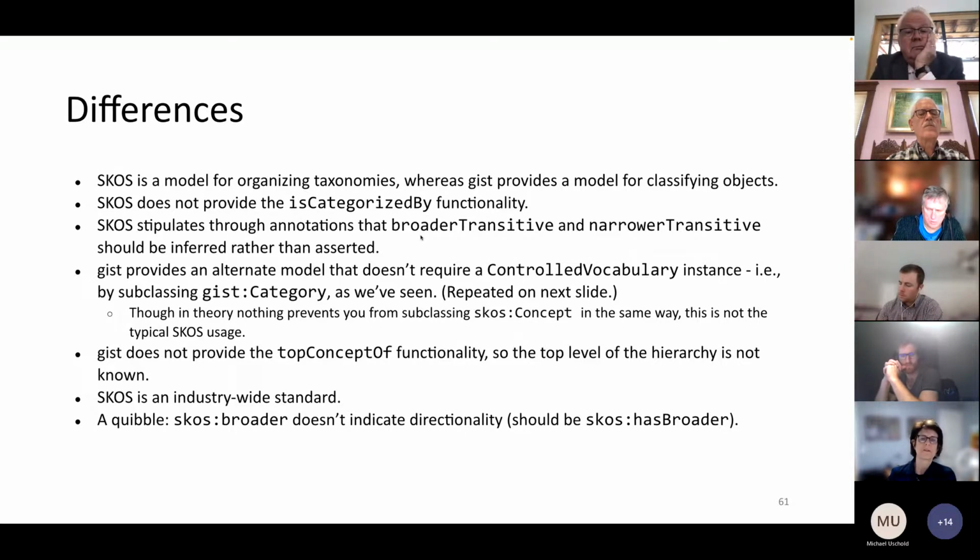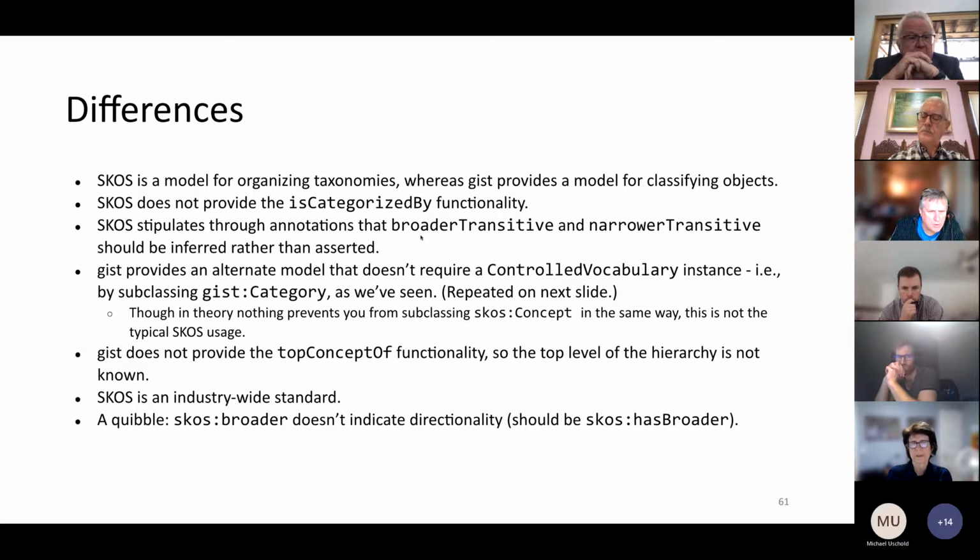Differences: SKOS is really a model for organizing taxonomies or concepts, whereas JIST provides a model for classifying objects. So they're really two different goals here. And in keeping with that, SKOS is categorized by functionality to link categories or concepts to other individuals.